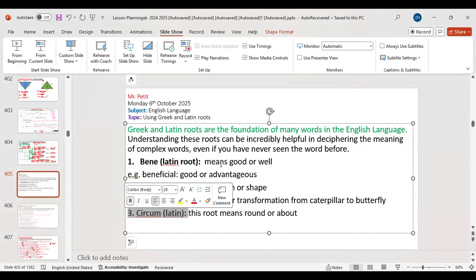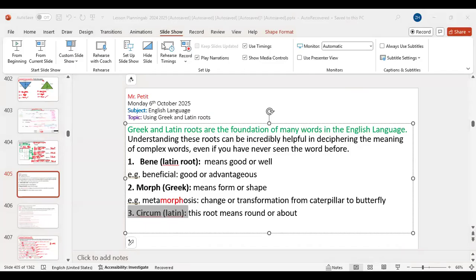Circumference. Circumstance, I like that. Circumstances, very good. Circumventing, very good. You're trying to go around something, circumvent it, right? Circumcise, very good. Circumcise is spelled C-I-R-C-U-M-C-I-S-E. Circumference, you missed the E-R-E. So it means round or about.